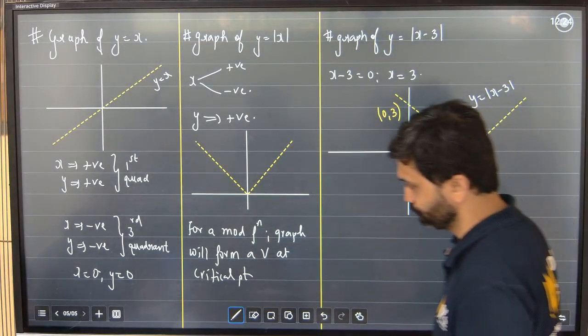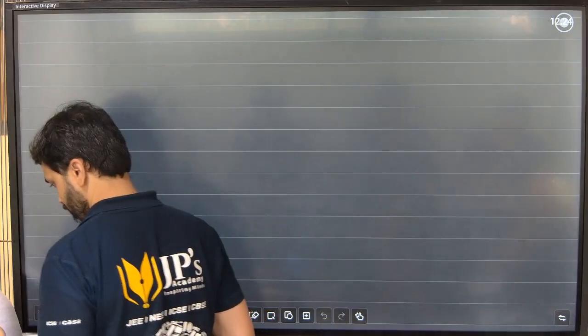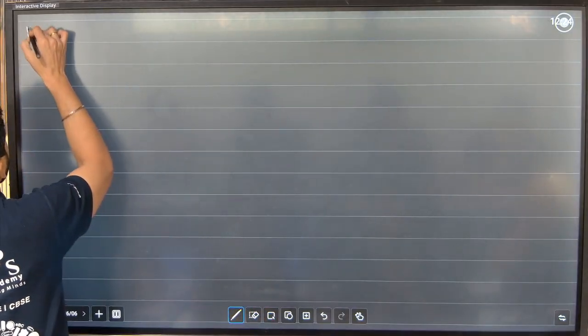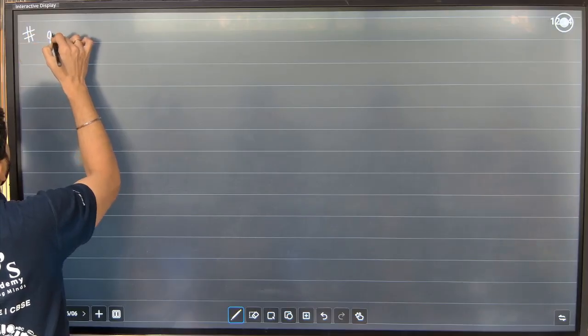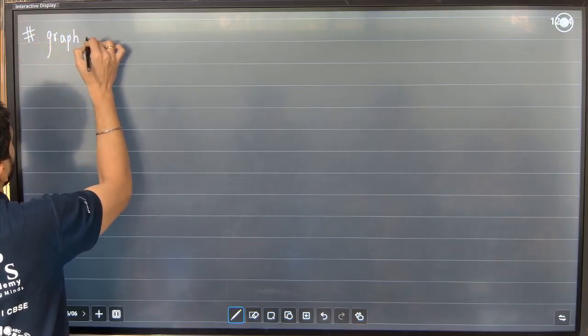Now this is the graph that is given to us.